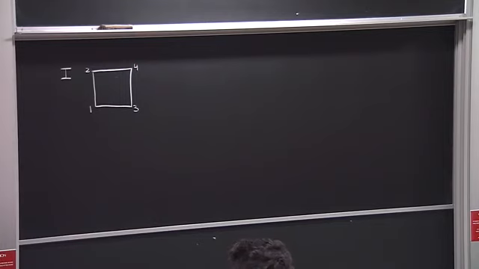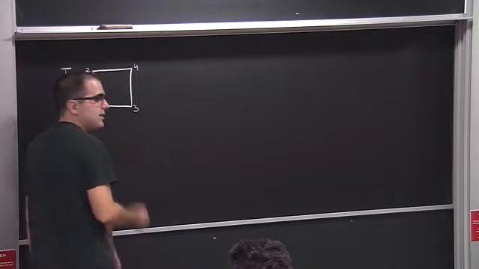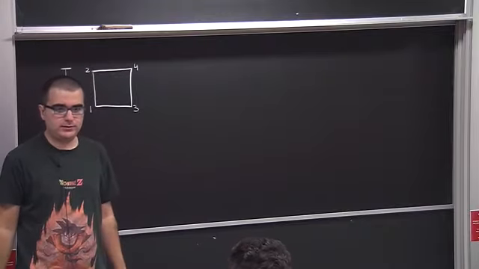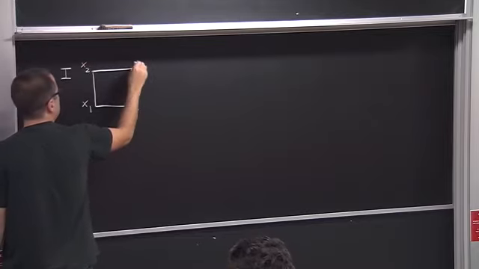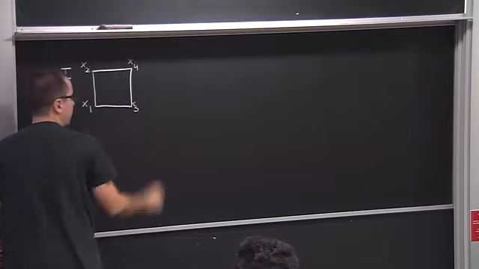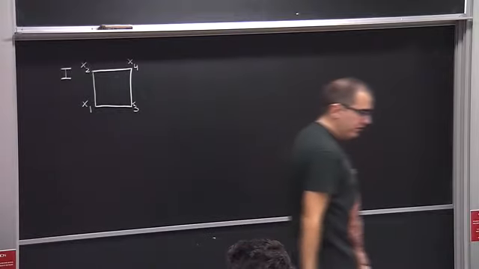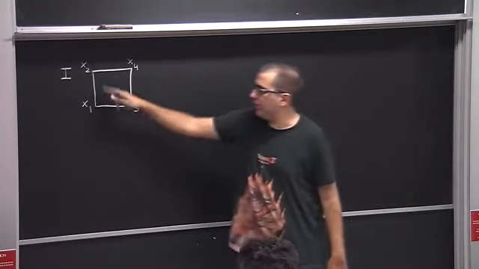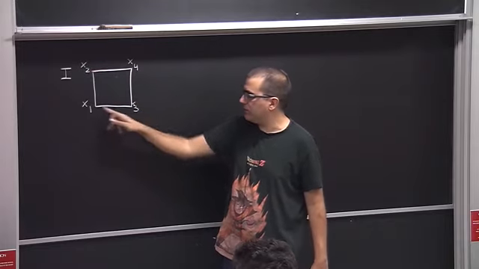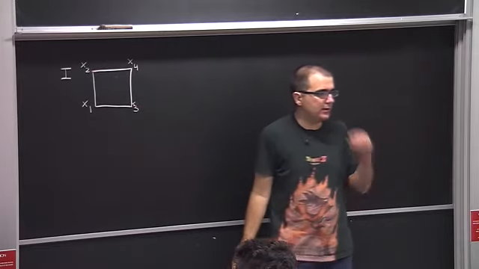Okay, this is good. Now, is this the only contribution that I have? So this is point x1, x2, x4, x3. Is this the only Feynman diagram? Do you understand this diagram, right? This is just 4 propagators. This is a field phi square, phi square, phi square, phi square, and I have just the propagators here.